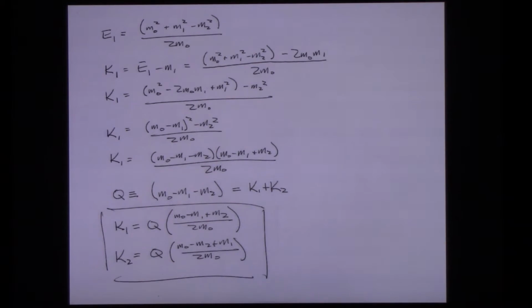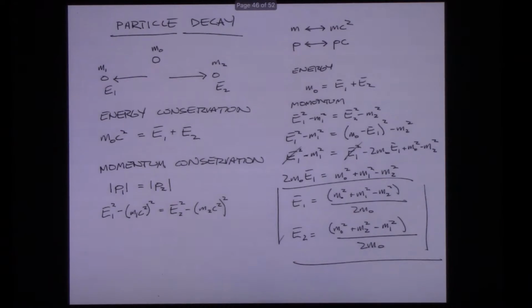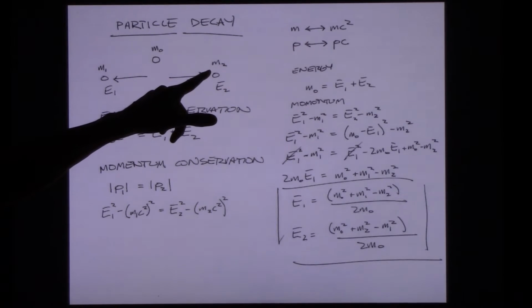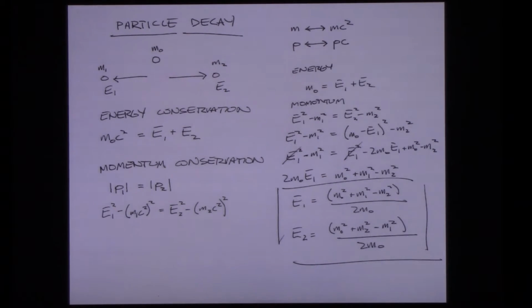When a particle decays into two other particles, the masses of the two particles are going to be less than the mass we started with. Mass is not conserved. It's energy that's conserved. So if we go back and look at the original setup, it has to be the case that m1 plus m2 combined are less than m naught.